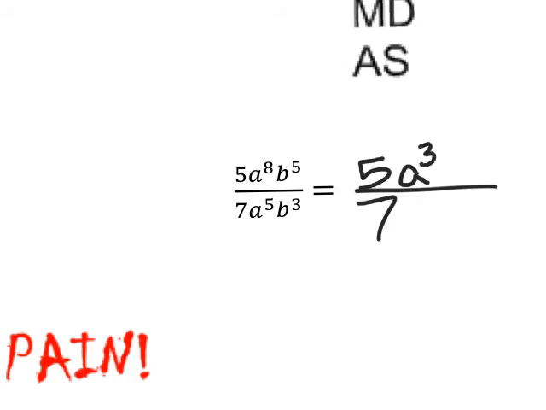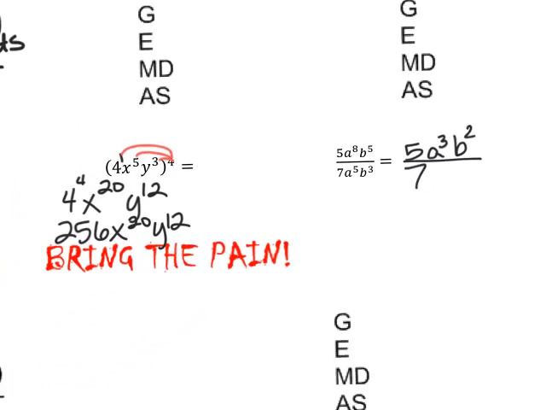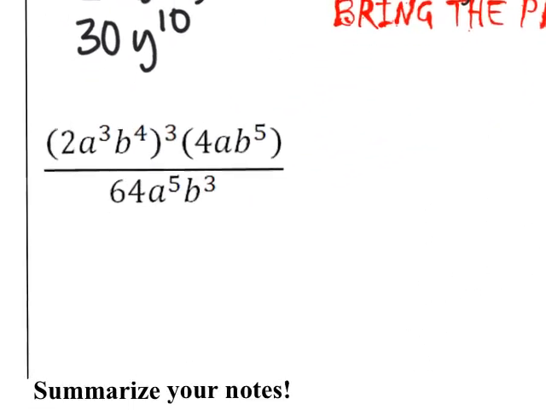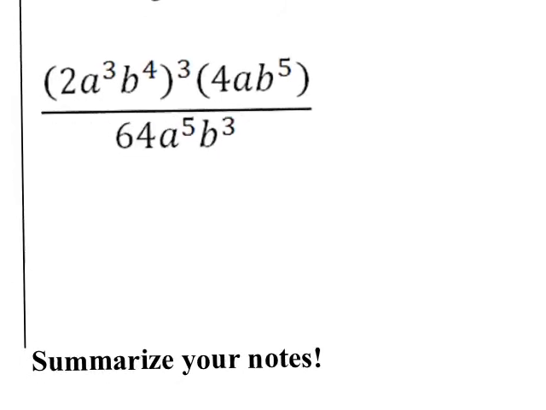And that makes sense because 8 minus 5 is 3. And then for my b, I have 5 on the top and 3 on the bottom, which means I have 2 more on the top. And that bears out because 5 minus 3 is 2. Okay, so far so good. This section should be not so painful because it is actually a review of section 5.1.